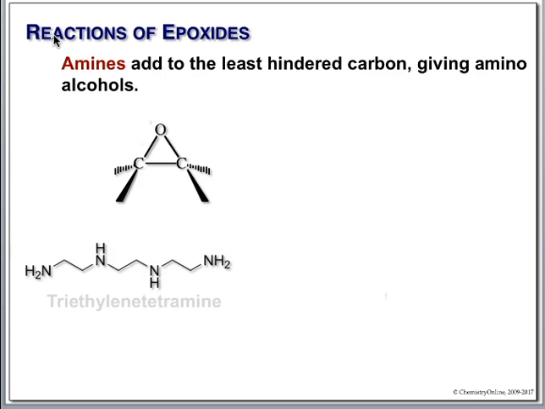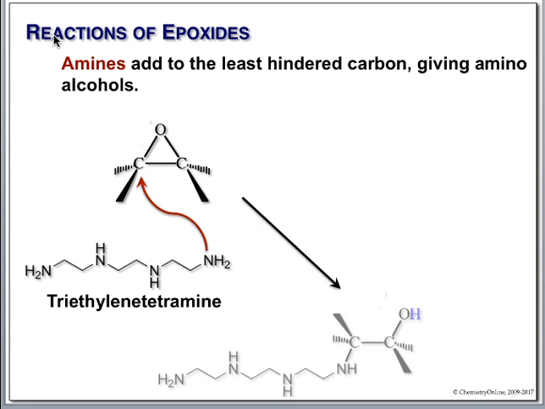One of the classics here is to use triethylene tetraamine. Lots of amino groups. The amino group is a decent nucleophile. It will simply attack the least hindered carbon. We'll get ring opening, and we wind up with something like this.